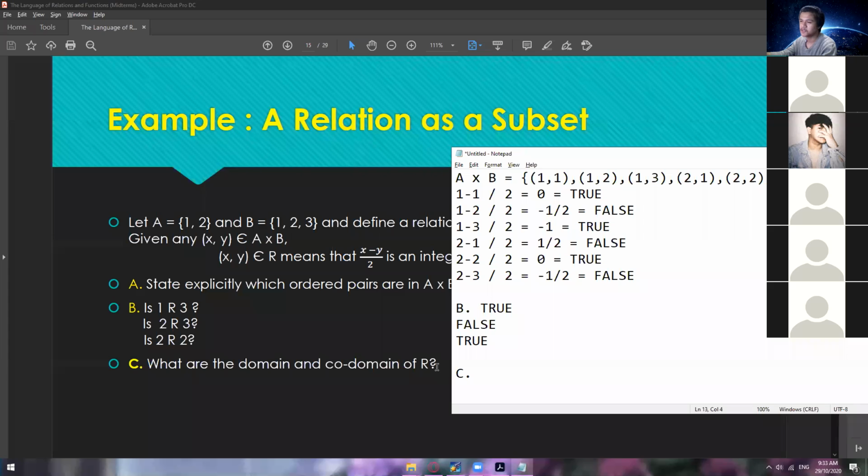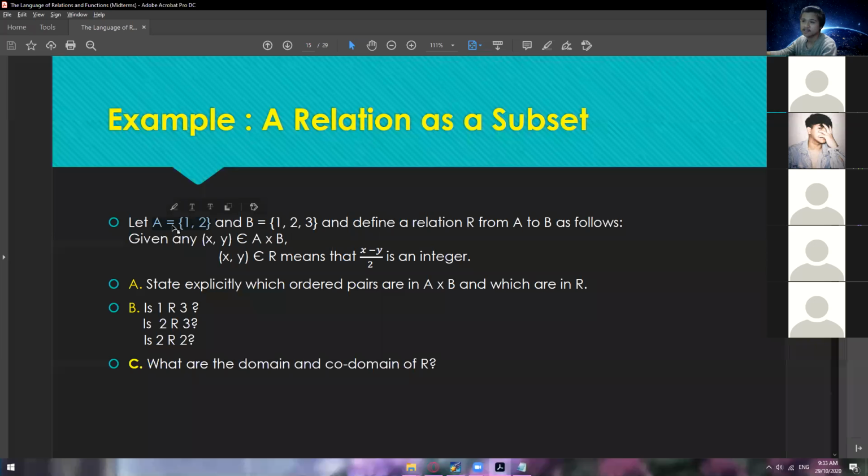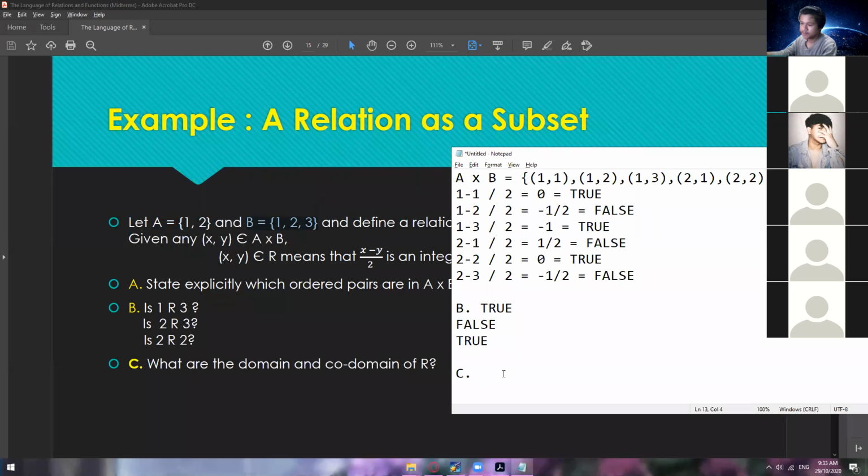Actually, this seems like a bonus, so I don't know why it's here. Initially, our domain is our letter A, and our codomain is letter B. So just list here, domains are 1 and 2.